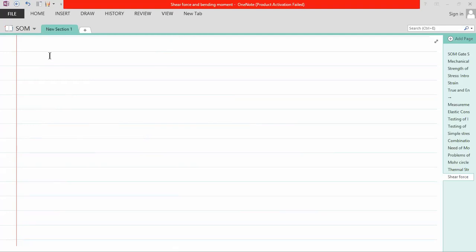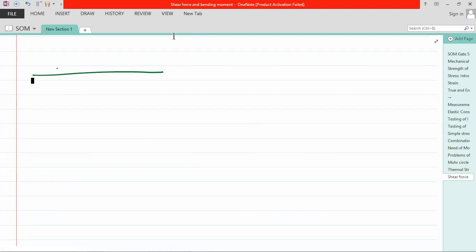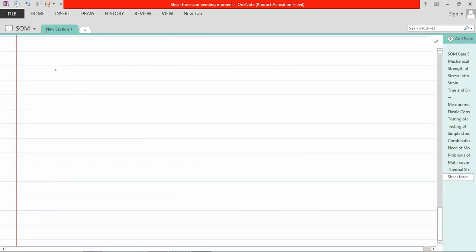Now the next question is, suppose you have a beam. This is A, this is B, and this is a portion, and here a load is acting.